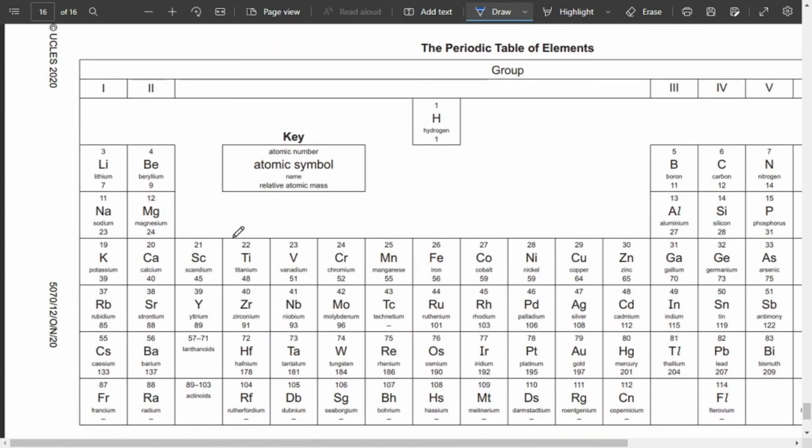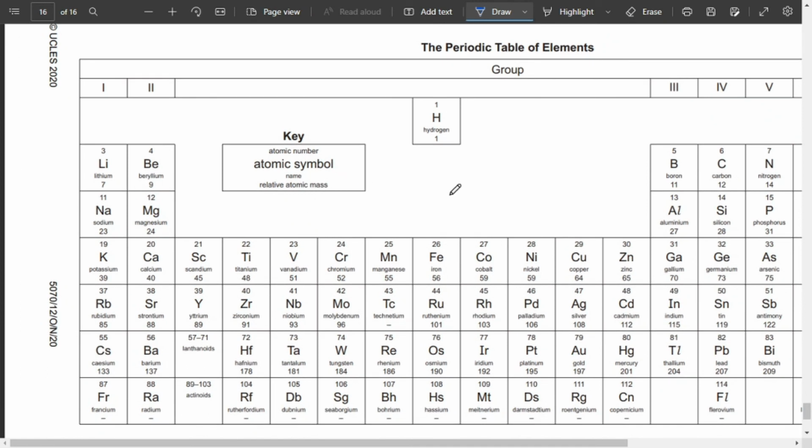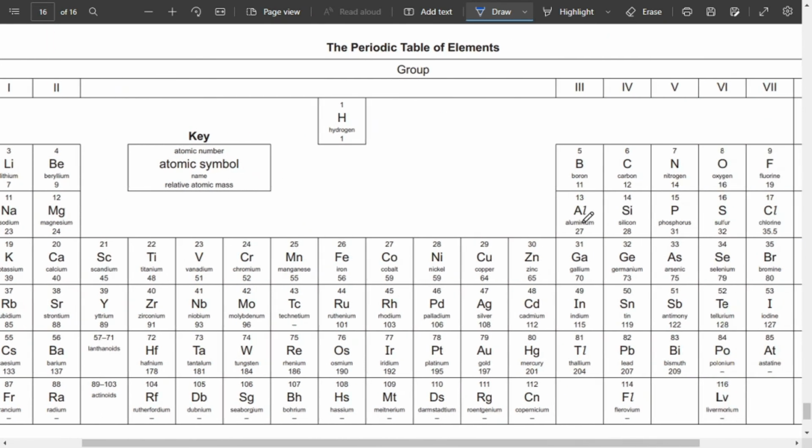So if we look over here in the periodic table, we had aluminium, which is in the third group, with 3 valence electrons. However, the electrons are, sorry, not 27, I saw it wrong. 13 are the electrons. All right.